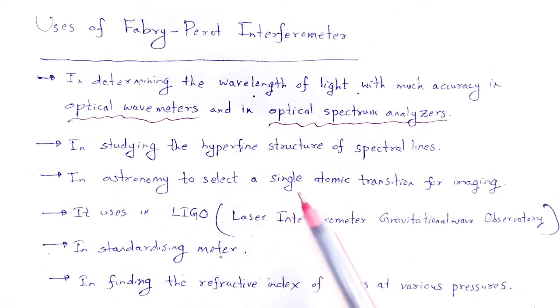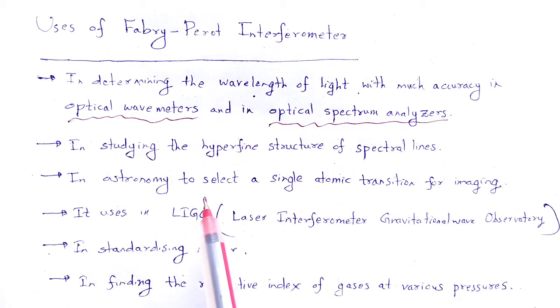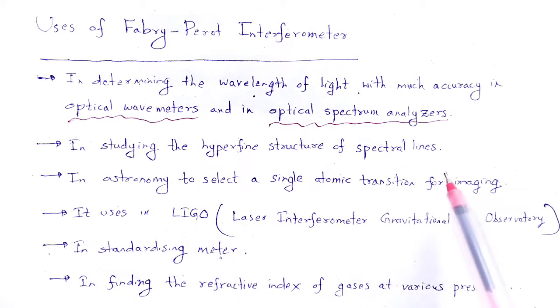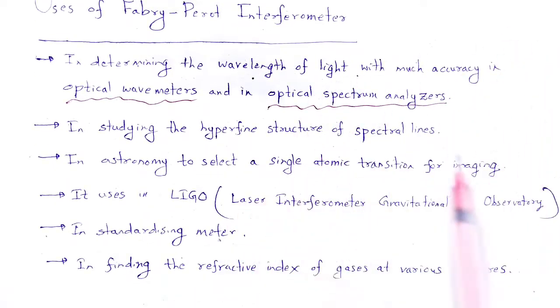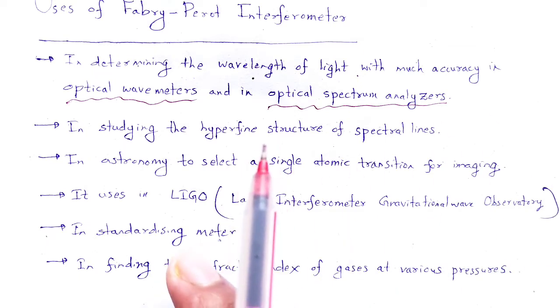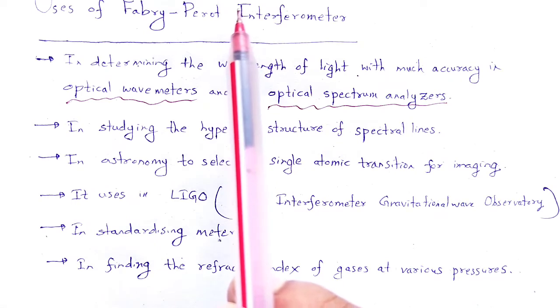In studying the hyperfine structure of spectral lines, and in astronomy to select a single atomic transition for imaging. It is also used in LIGO, the Laser Interferometer Gravitational Wave Observatory, designed to detect gravitational waves on Earth. In that observatory, we use the Fabry-Perot interferometer as a Fabry-Perot cavity.